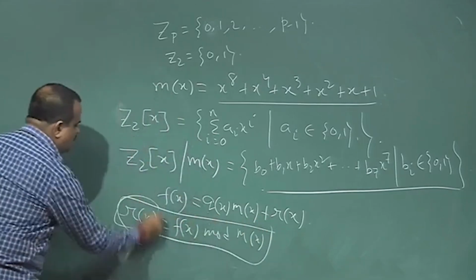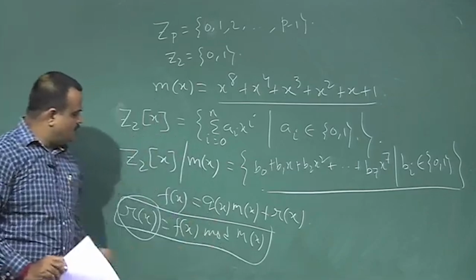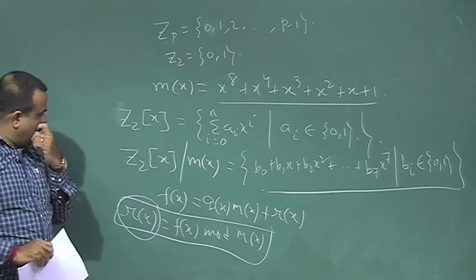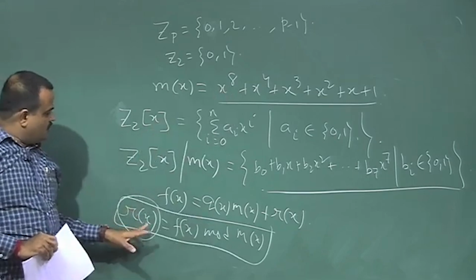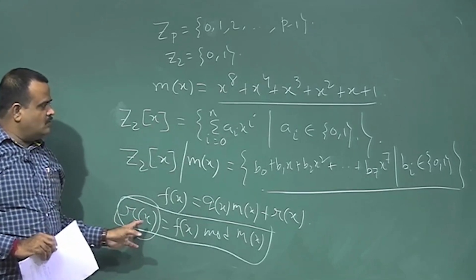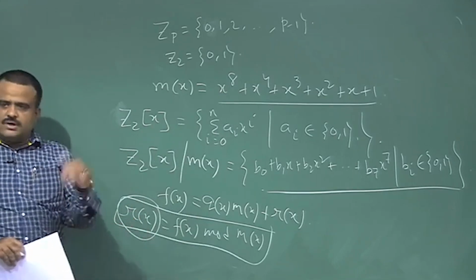This remainder polynomial is the mod of that polynomial, and since the degree of m(x) is 8, the degree of this remainder polynomial will be maximum 7, otherwise we have to divide again.